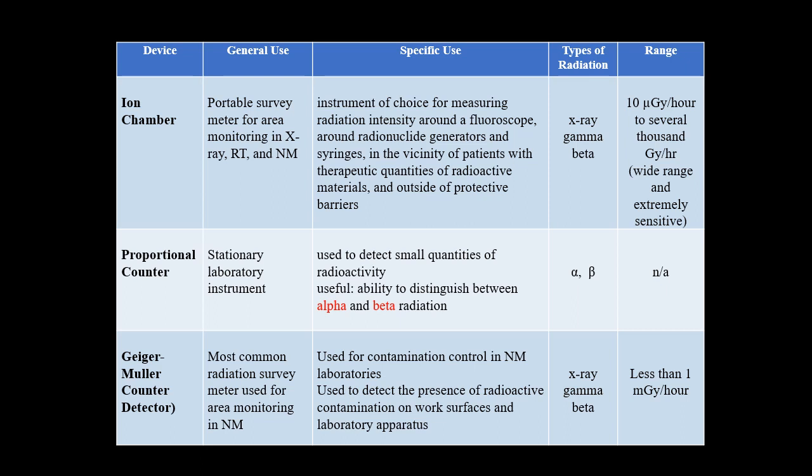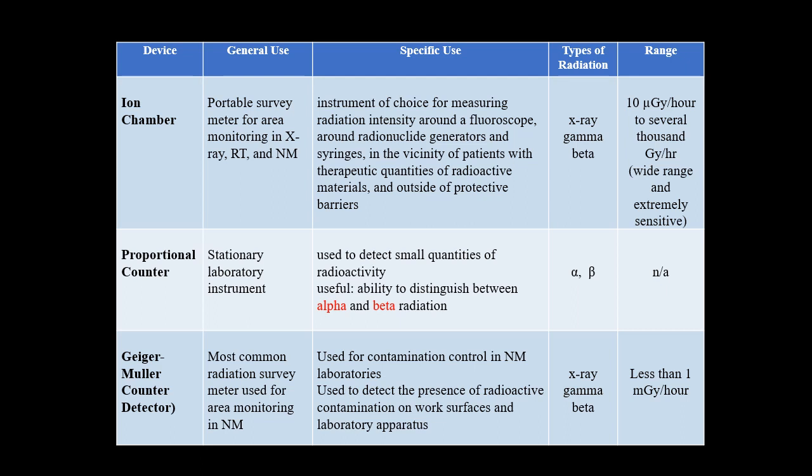It's for areas with patients with therapeutic quantities of radioactive materials, and even outside protective barriers. The types of radiation it measures are X-ray, gamma, and beta, and it can range from 10 microgray per hour to several thousand gray per hour. It has a very wide range and it's extremely sensitive, which means it has a very low value for detection.